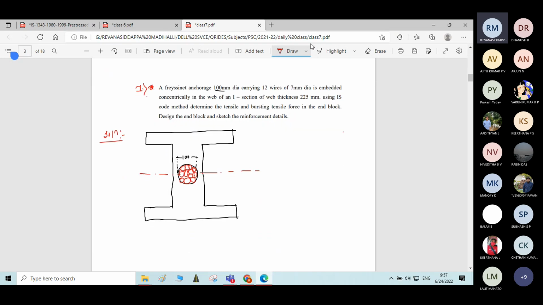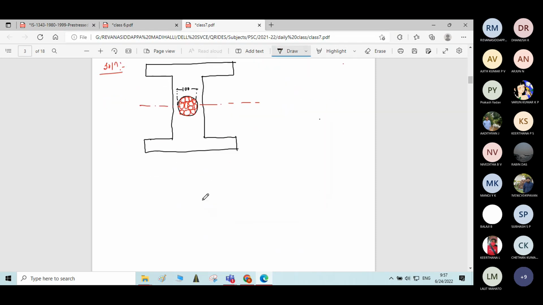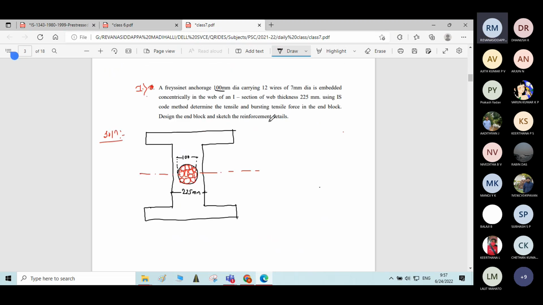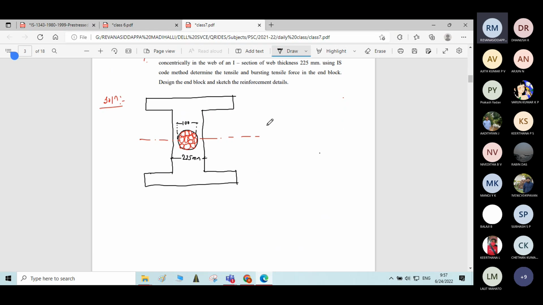The thickness of the web is given as 225. Using the IS code method, determine the tensile and bursting tensile force. F_bst is asked, the bursting tensile force, and design of the end block is to be performed.